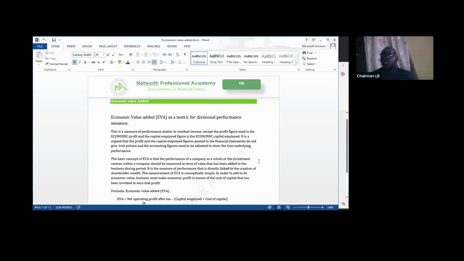We can use financial performance evaluation methods. Last week, we looked at return on capital employed and residual income.